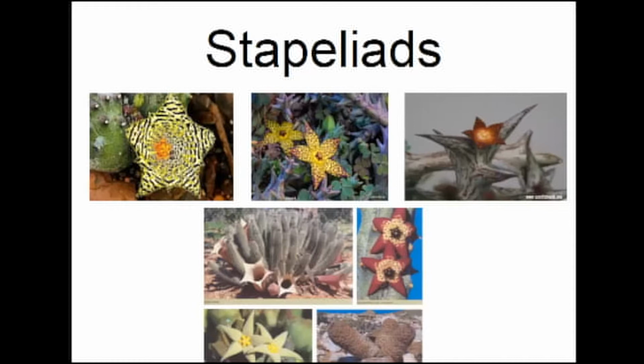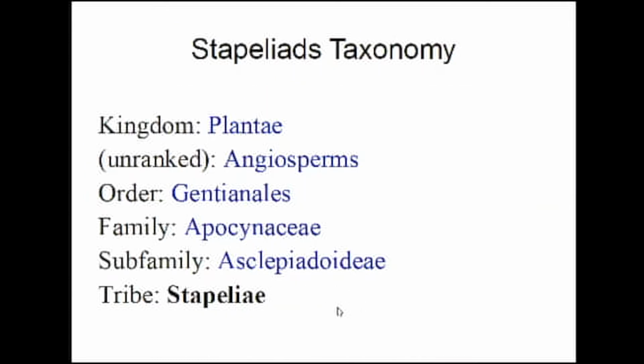So this presentation is about Stapeliads, very interesting plants, succulents. On this slide, you have some examples of Stapeliads, and here is where they belong when it comes to taxonomy.